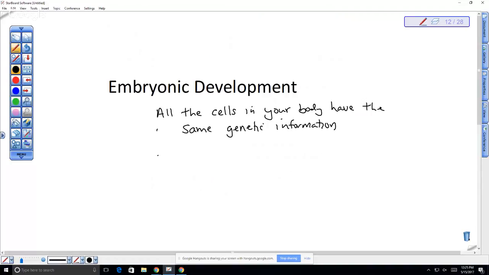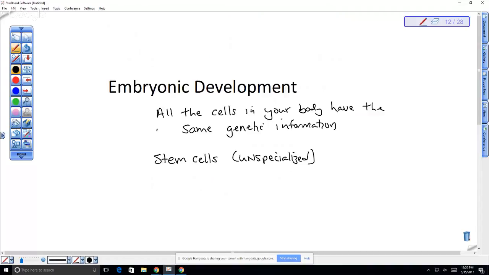Those early cells are sometimes referred to as stem cells. Stem cells are unspecialized, and they can become anything. Stem cells are very potent, because you could take stem cells from the umbilical cord and put them into somebody's brain, and those cells would specialize to become neurons or glial cells.